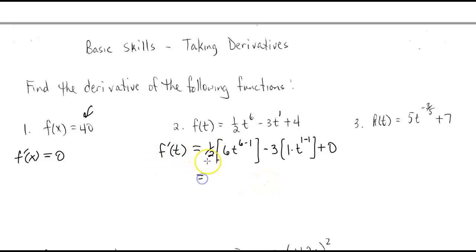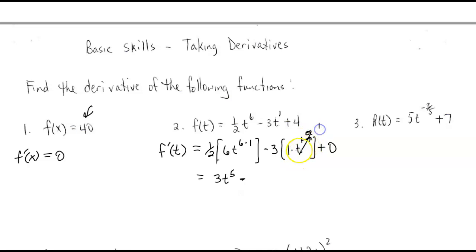Now, if we clean all this up, we see here that 1/2 times 6 is 3. And we see that 6 minus 1 is 5. So our first term is 3 times t raised to the 5. Minus, we see that 1 minus 1 is 0, and anything raised to the 0 here, other than 0, is 1.